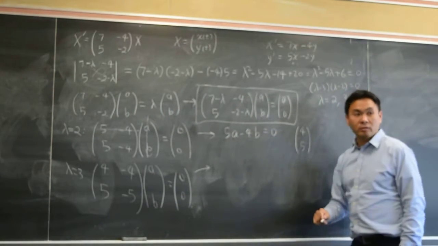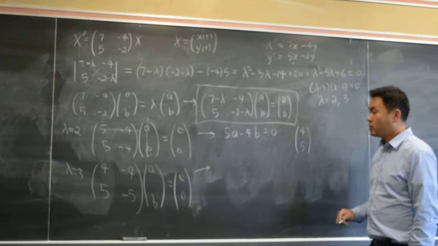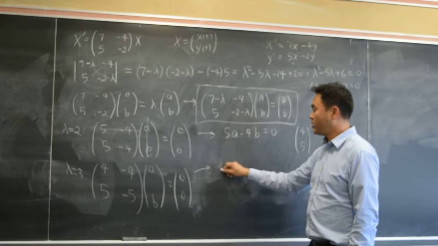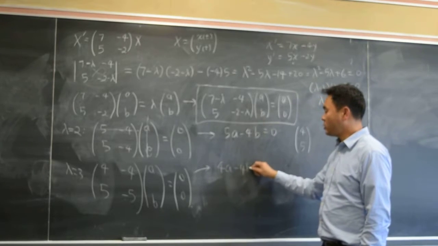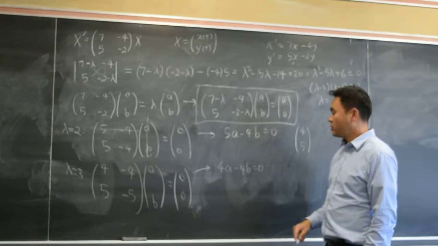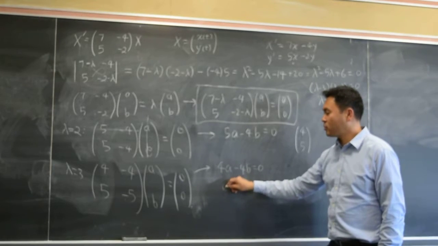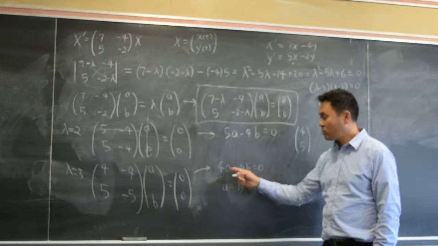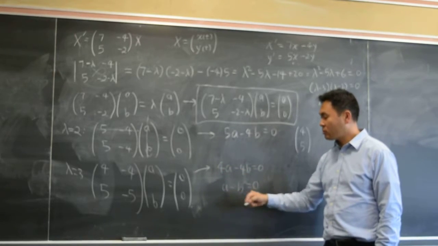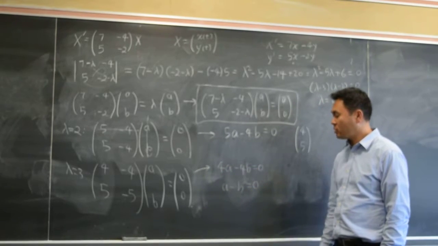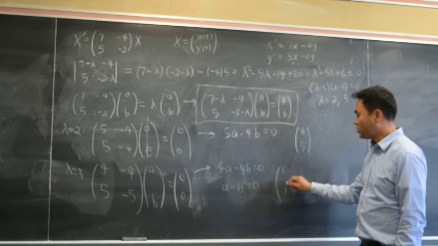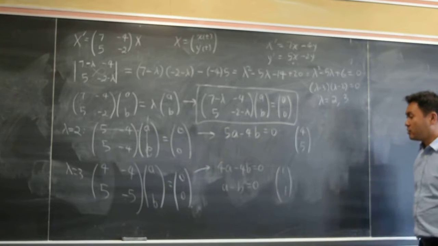If you read the first line, that's 4A minus 4B equal to 0. This time I can just divide by 4 to get A minus B equal to 0. It just means A and B have to be equal, so I take 1, 1 as the eigenvector.